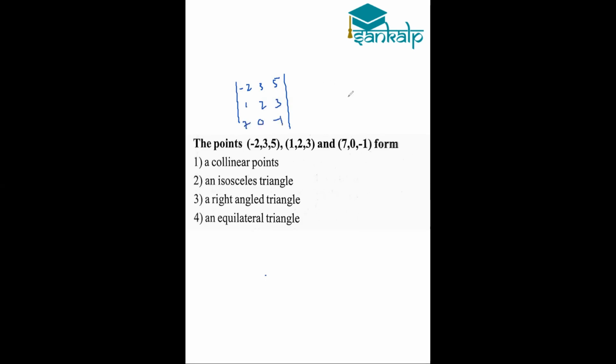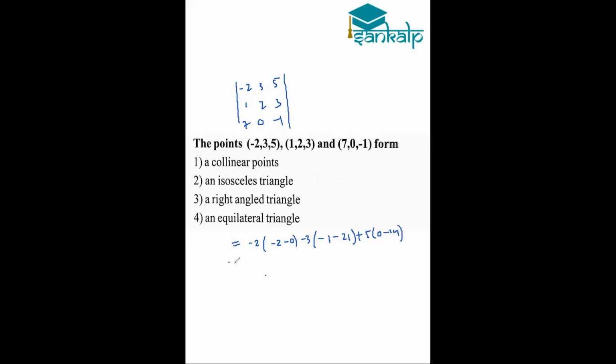So if we expand this, on expanding the determinant we get minus 2 into (minus 2 minus 0), minus 3 into (minus 1 minus 21), plus 5 into (0 minus 14).